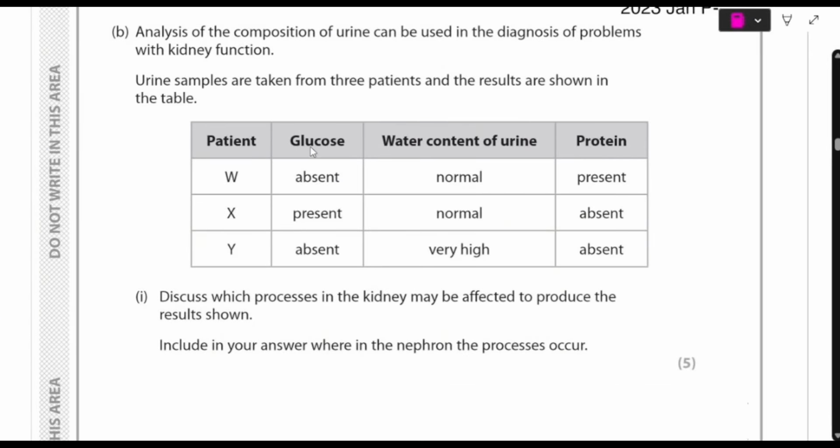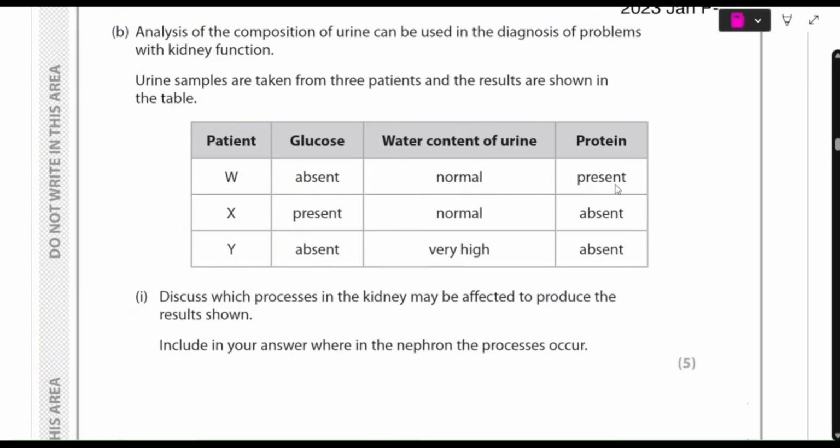Analysis of the composition of urine can be used in the diagnosis of problems with kidney function. Urine samples are taken from 3 patients and the results are shown. So this is the result. Patient W has glucose absent in their urine, water content normal, protein present.